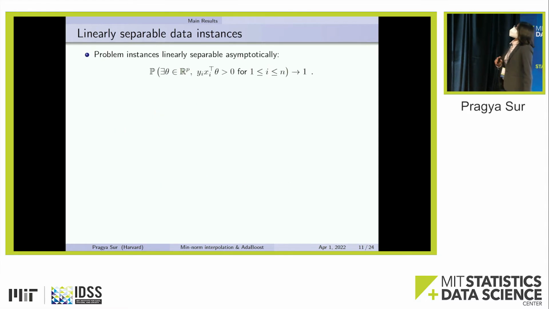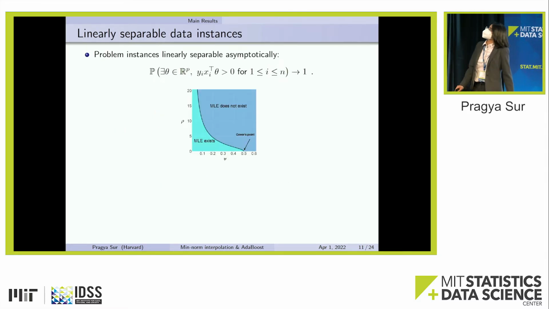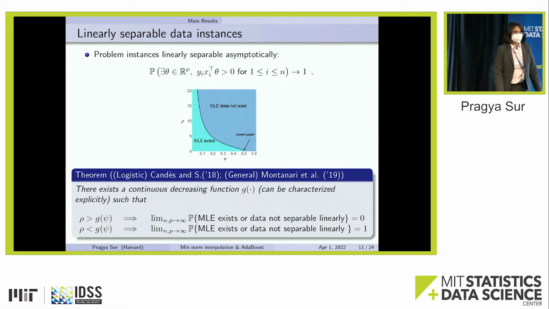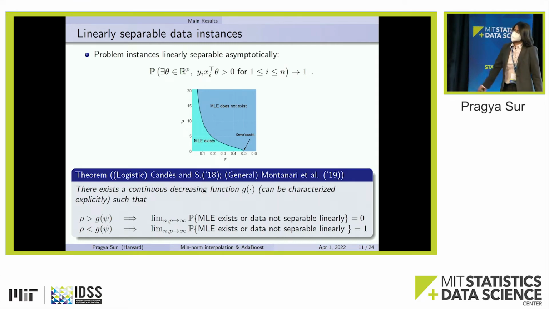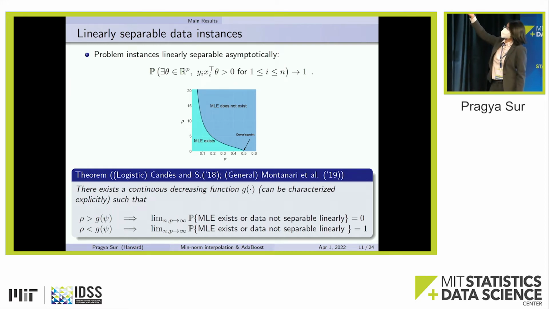Now, once you characterize that, for today's talk, I'm just going to be in the linearly separable setting. In one of my earlier works, joint work with Emmanuel, we characterized when data is linearly separable under certain Gaussian models. And we had a precise characterization of when that happens.